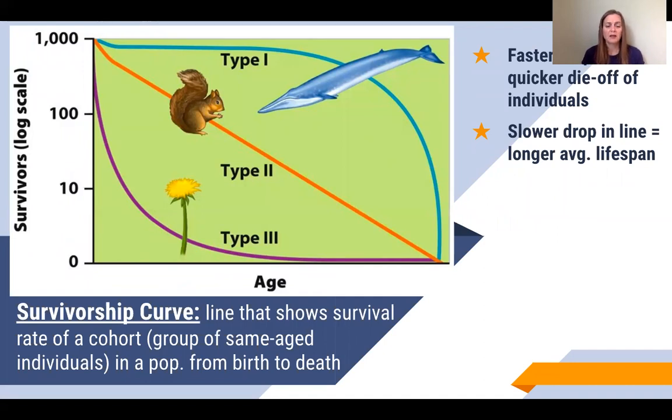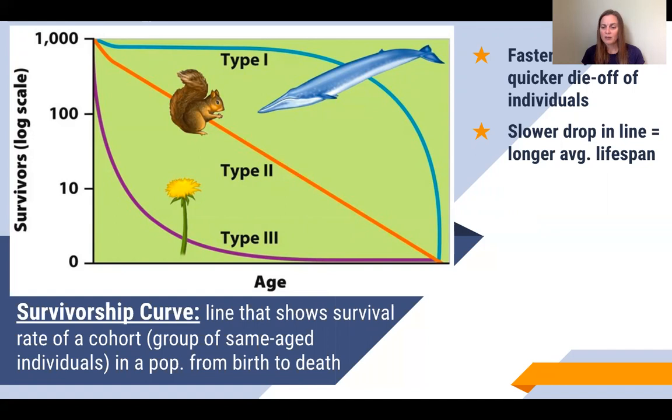In a nest, you might have 3 out of 4 of the eggs hatch. Of those hatchlings, 2 out of the 3 might become fledglings. And then of the fledglings, 1 might survive to adulthood. So we have a relatively constant amount of death throughout the lifespan. And so that's a type 2 organism.